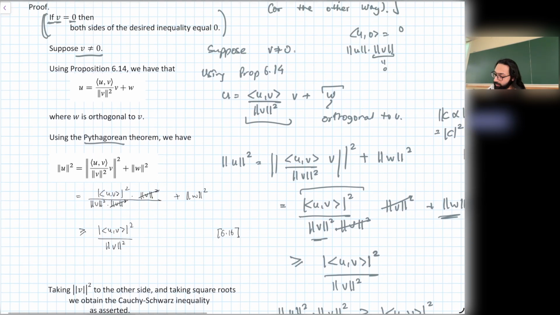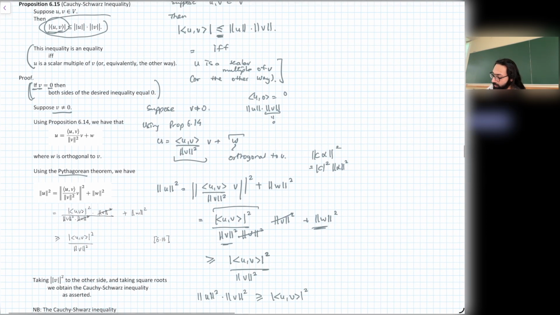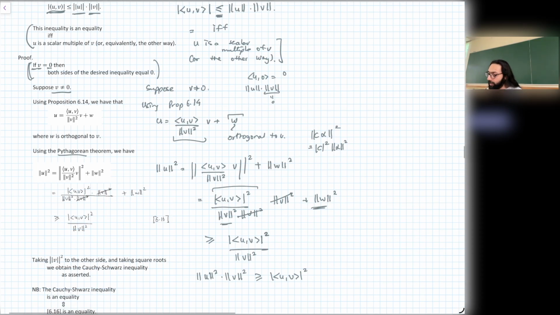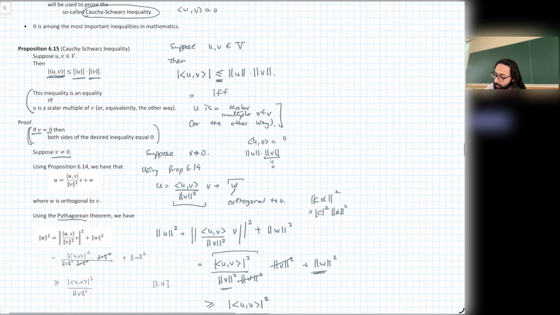If you look at the statement, the statement was that the absolute value of the inner product is at most the product of the norms of the vectors. This is what we get. Right? Okay, good. So we are essentially done with this first part.